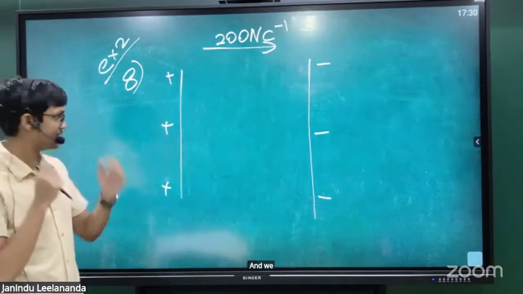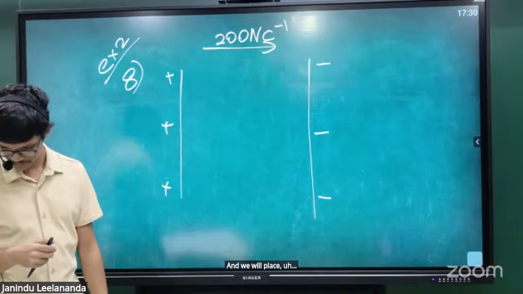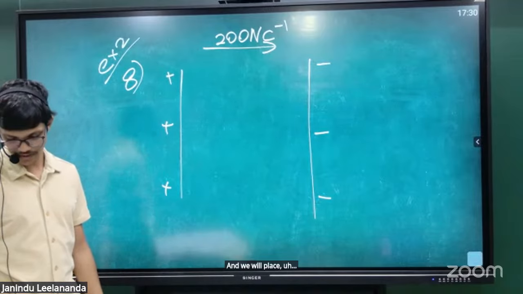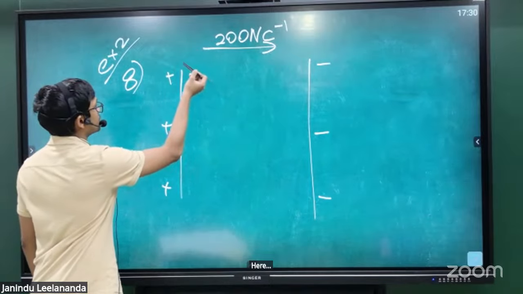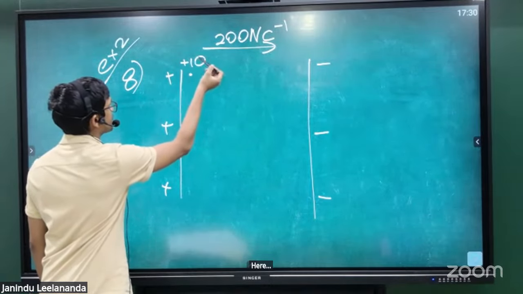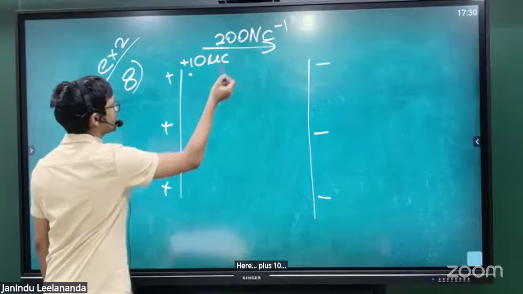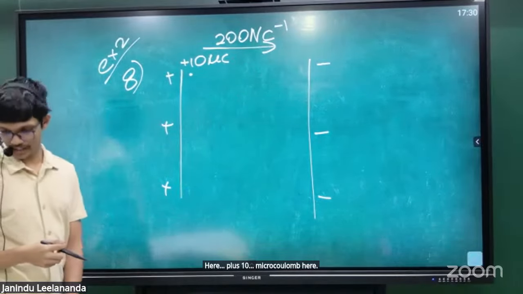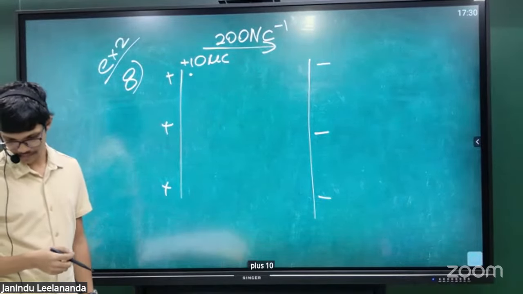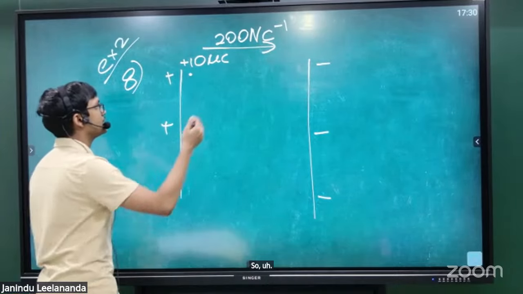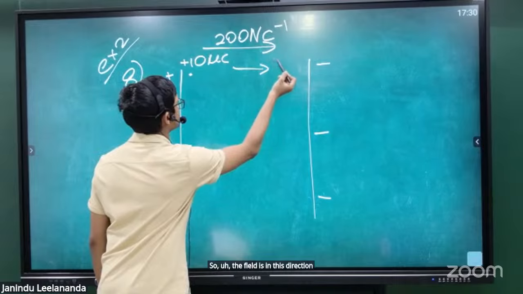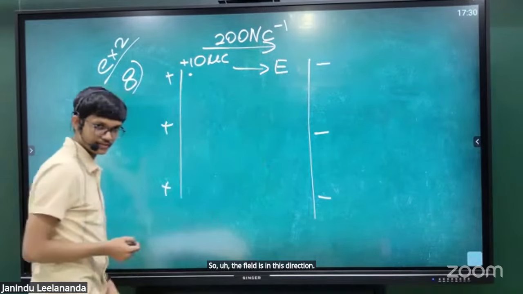And we will place plus 10 microcoulomb here, and 5 milligram. So the field is in this direction.